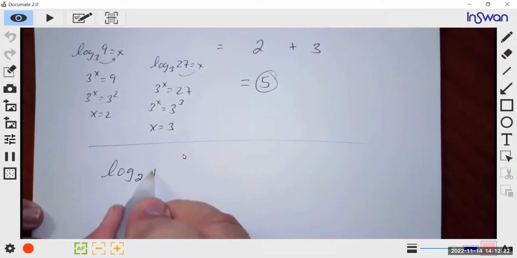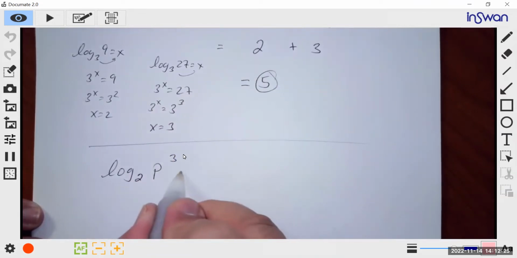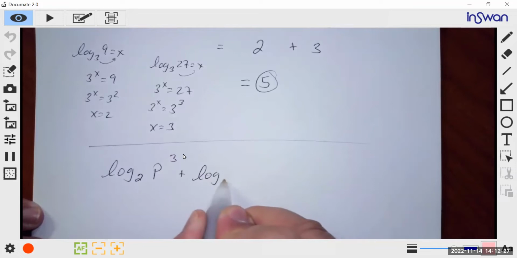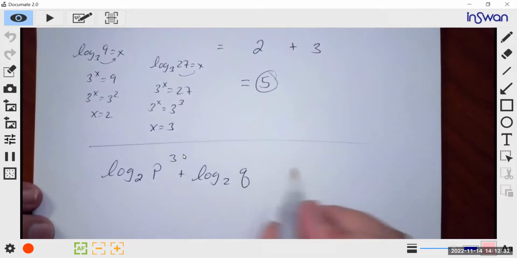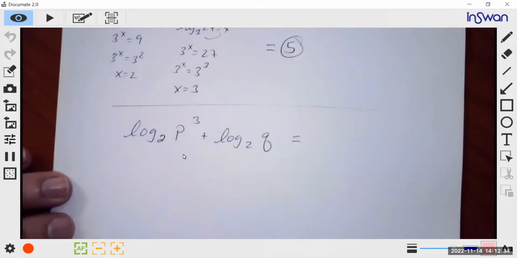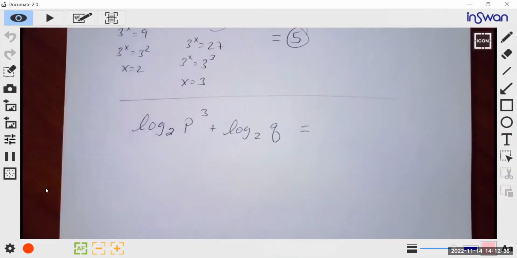Log base 2 of p to the third plus log base 2 of q equals what? What rule do we have?